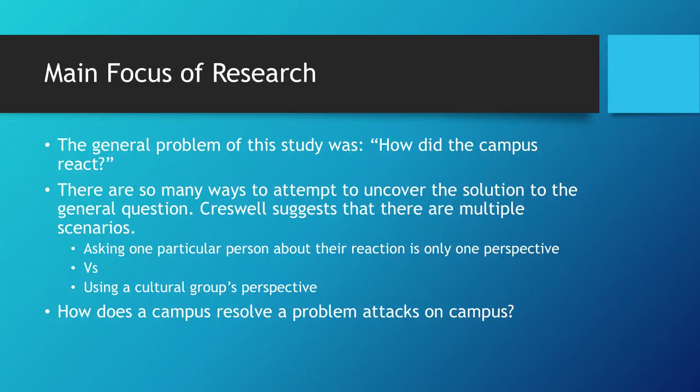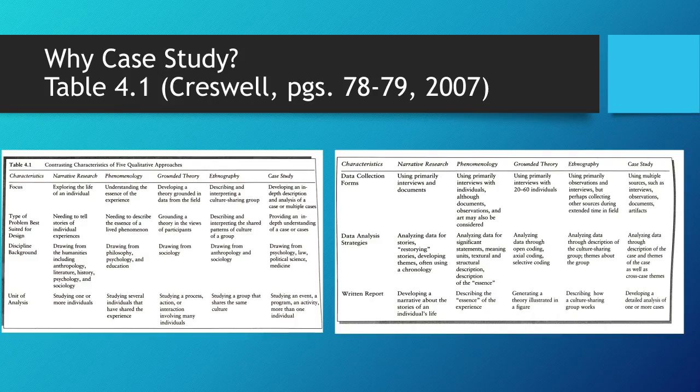Additionally, you can look at a cultural group's perspective or even that immediate class's perspective and try and get more ideas of what had actually happened. All of those thoughts come together, and it causes the researchers to reiterate and re-examine their question. And they decided upon an idea more or less like, how does a campus resolve a problem of attacks on campus? Why is this a case study?